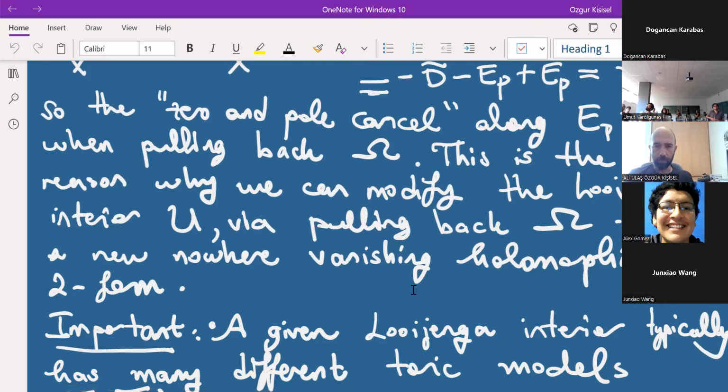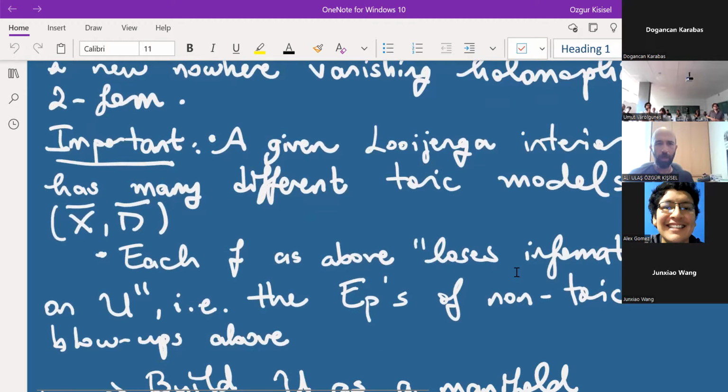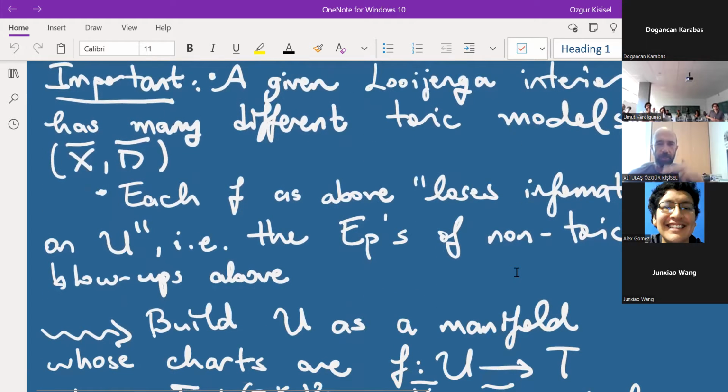Now, something important, which was also described in detail in Pierre's talk before this one, is that a given log Calabi-Yau interior typically has many different toric models. Now, the point is each of these F's above loses information on U, so it contracts some EPs.